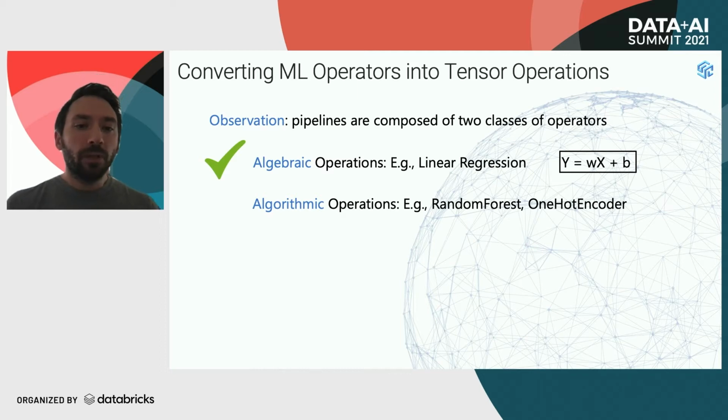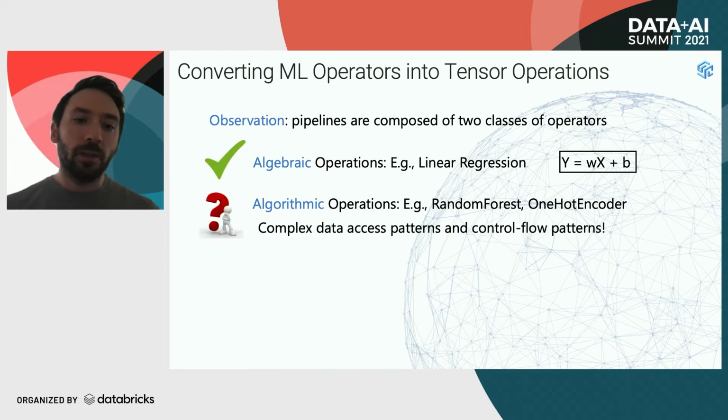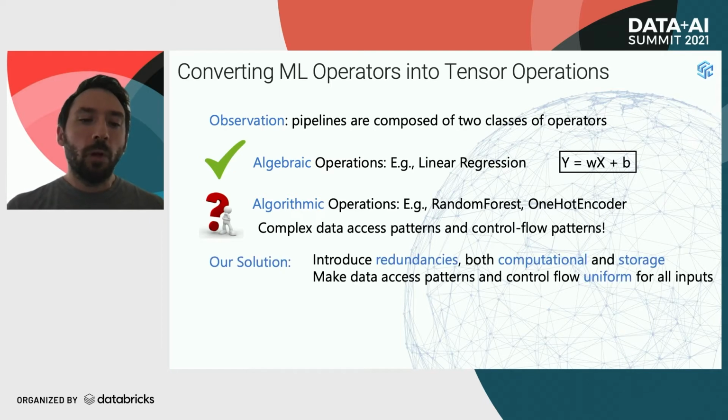Regarding the algorithmic operations, instead, these are more complex. This is because algorithmic operators implement arbitrary control flow patterns and data access patterns. Our solution to this problem is to introduce redundancy, both at the computational and storage level, such that we can more easily target the tensor abstraction.